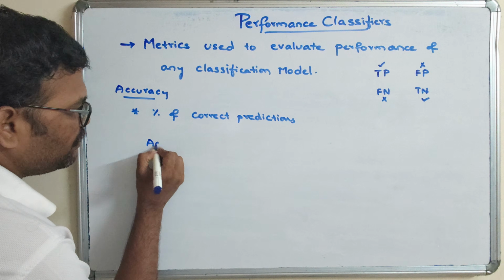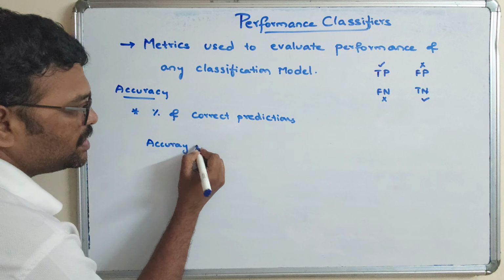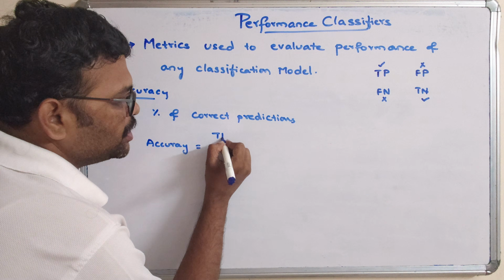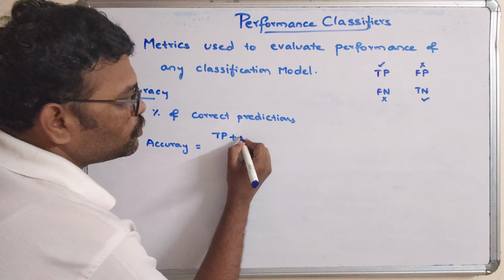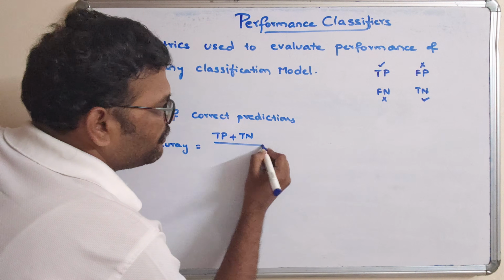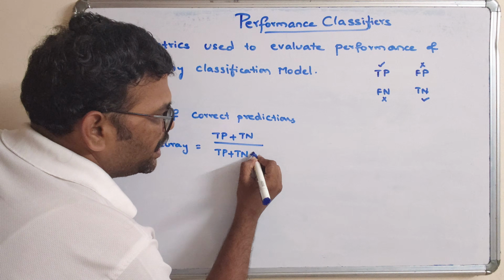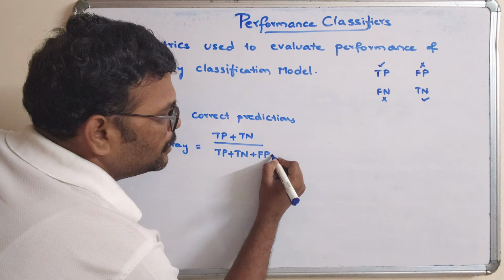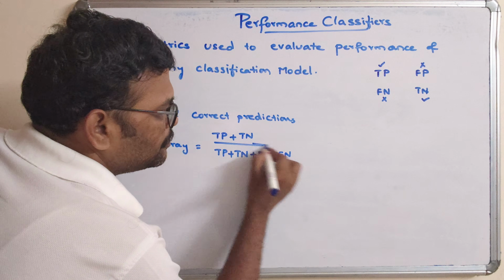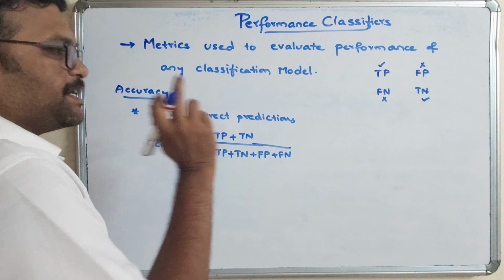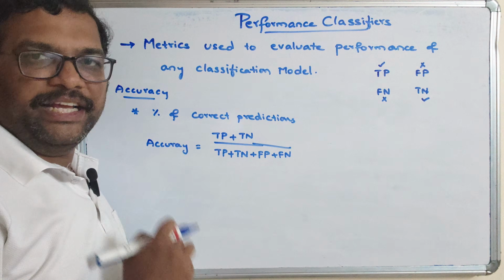So the accuracy formula is: accuracy equals true positive plus true negative divided by all the instances, true positive plus true negative plus false positive plus false negative. So this is the percentage of correct predictions.